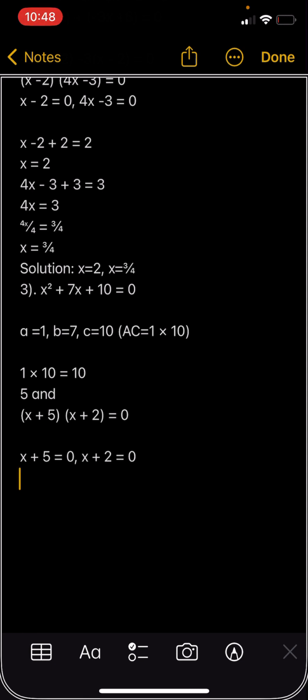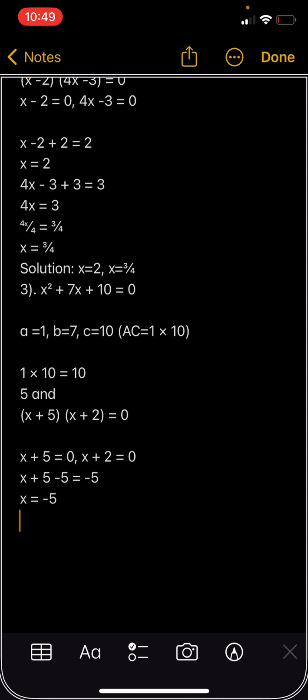Solving for the first binomial first, we have x plus 5. We need to subtract 5. And that will give us a negative 5 here. So we have x then, and x is equal to negative 5.